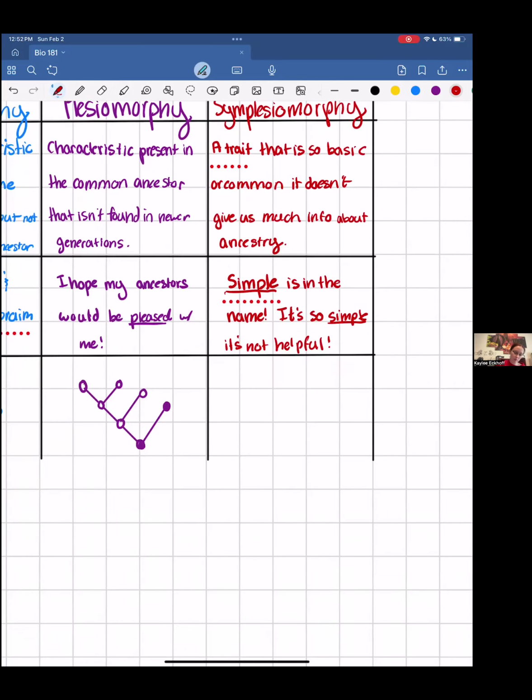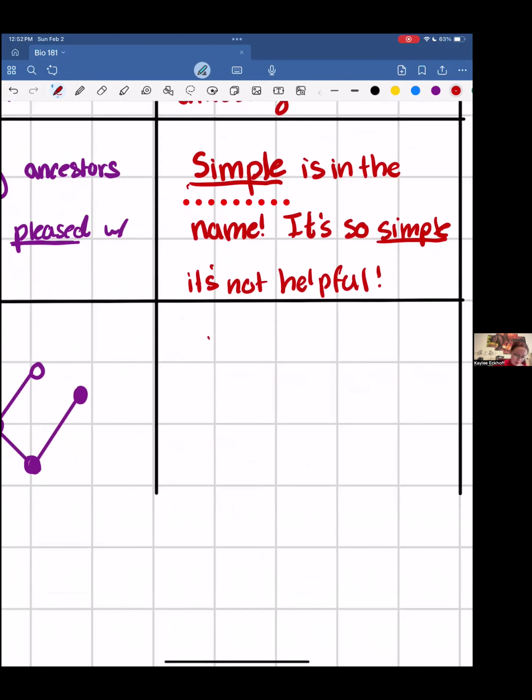And so, goodness gracious, I gotta draw again. So we're gonna do a little crab here. Please forgive my crab. He's going through a lot.